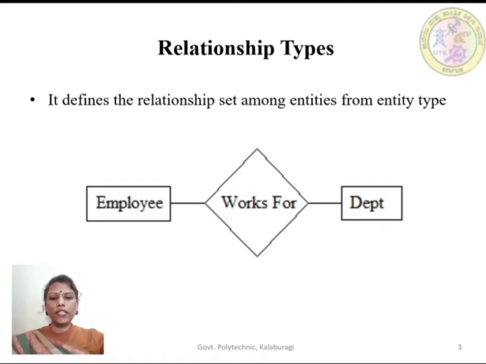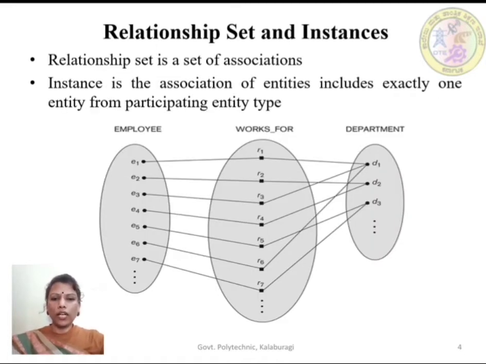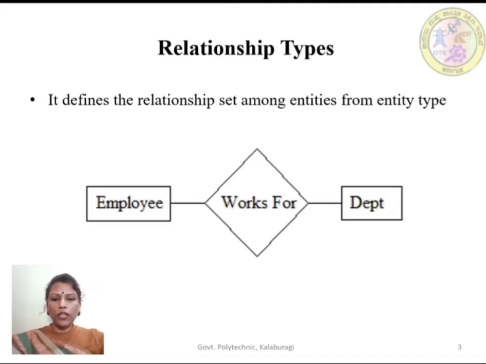Okay, let's see in detail what is a relationship set and instances. See, relationship set is a set of associations and instance is the association of entities including exactly one entity from each participating entity type. See here, employee entity type is related with the department entity type through works for relationship type.